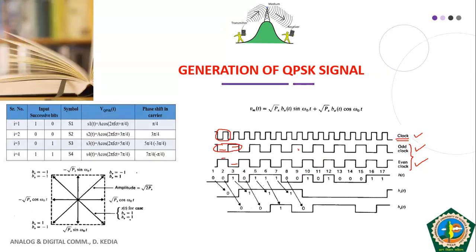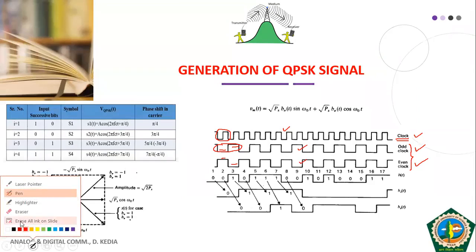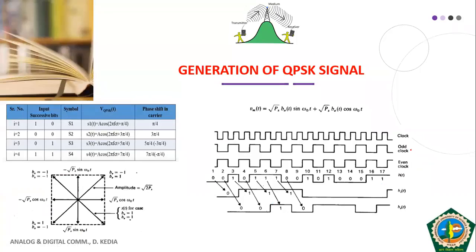The frequency of this one is half that of your original clock frequency, which has been achieved through your toggle flip-flop. Fine. So that is our odd clock and this is our even clock.